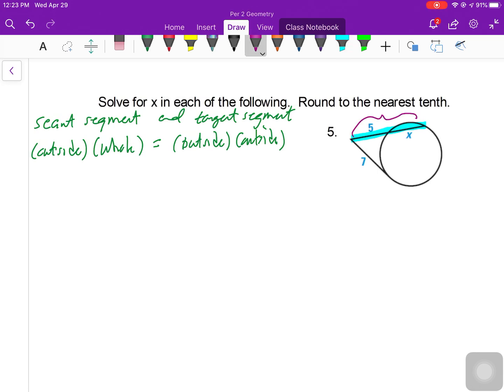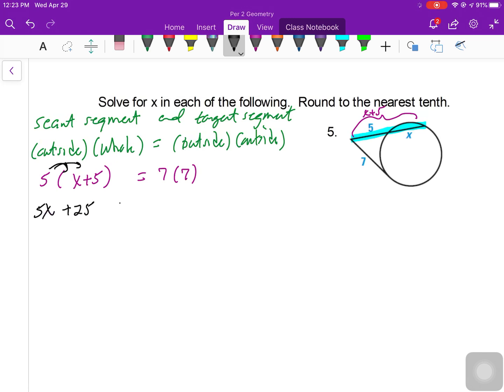So for this secant segment right here, the one I've highlighted in blue, this whole length would be if we add the x plus the 5. So I'm going to take the 5 on the outside times x plus 5. And for the tangent segment, the outside is 7.